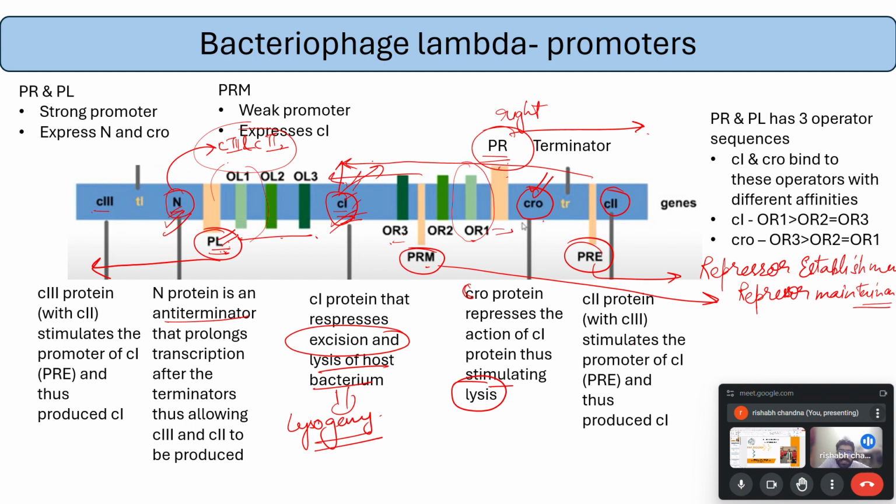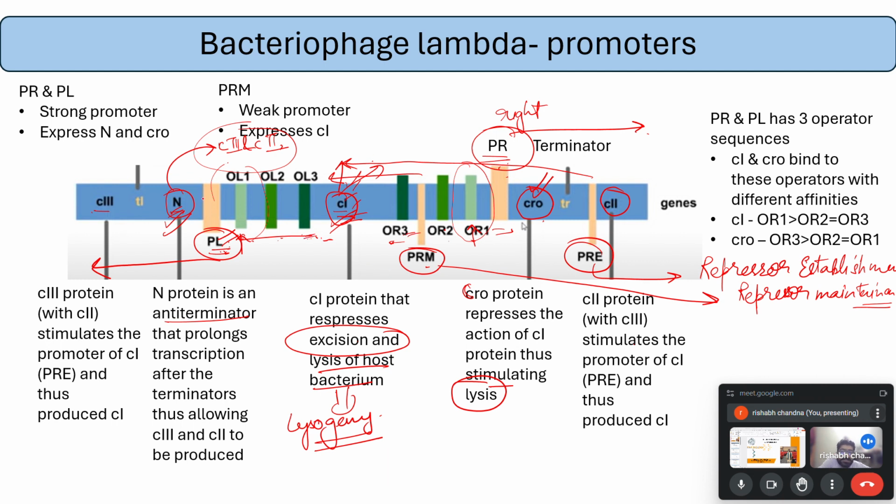Okay, then we have the second and third in both the cases for the left promoter and the right promoter. And the affinity to bind to these operators also varies. So anything that binds to these operators binds to OL1 or OR1 first, followed by OR2 and OR3.